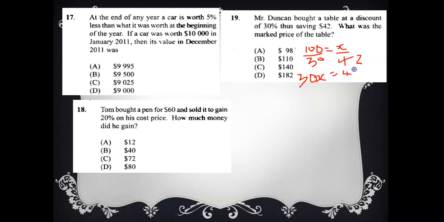And we know that if we want x, we divide both sides by the coefficient of x. So that divided by 30, that divided by 30. 0 cancel, 0 cancel. 3 into 3, 1. 3 into 42, 14. So that means our answer would be 140.